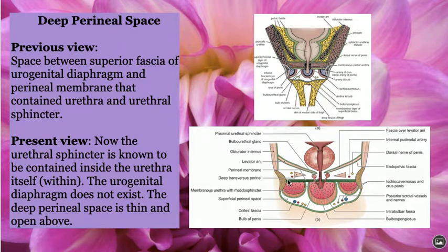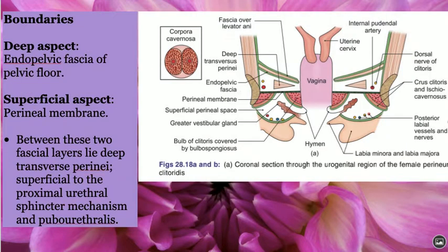But the present view says the urethral sphincter is contained within the wall of the urethra itself, and not between the two layers. So this urogenital diaphragm doesn't really exist. The deep perineal space is thin and open above. We have a perineal membrane, but there is no urogenital diaphragm, which was thought to exist previously.